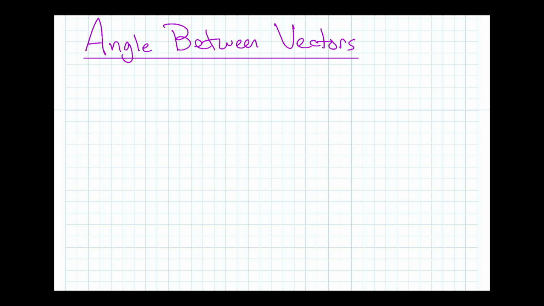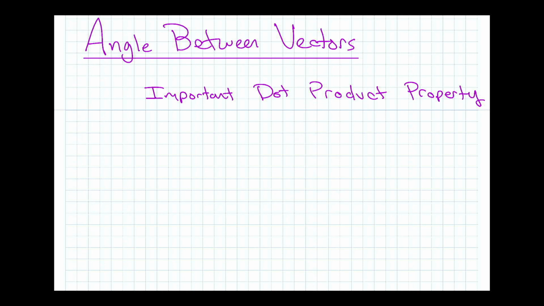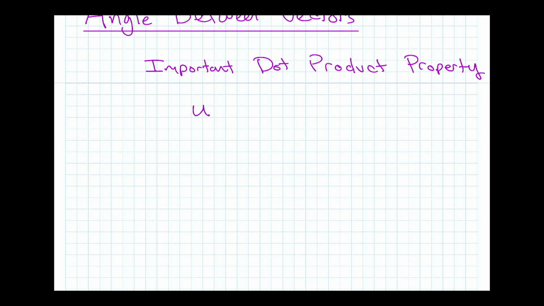So it turns out that here's an important dot product property, which we should have written up with the other ones, but they didn't when they wrote it in the book, so I didn't either. It's okay, it'll stand out more here. So important dot product property. So U dot V, it turns out that there's another way to calculate it, other than the one that we showed you already.